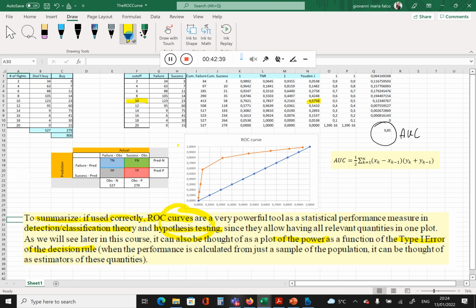Okay, so basically we will find a nice connection between what we have learned here in the problem of binary classification and what you learn at the end of the statistics module, when you will learn the z-test method.